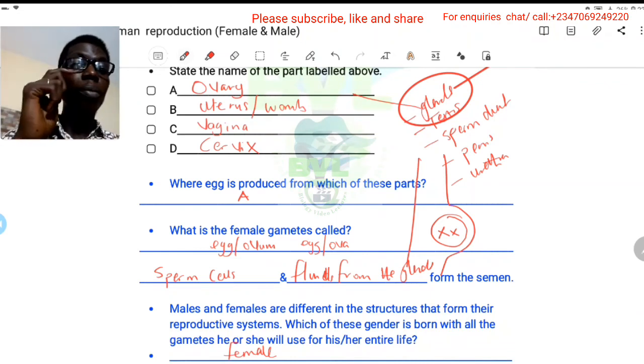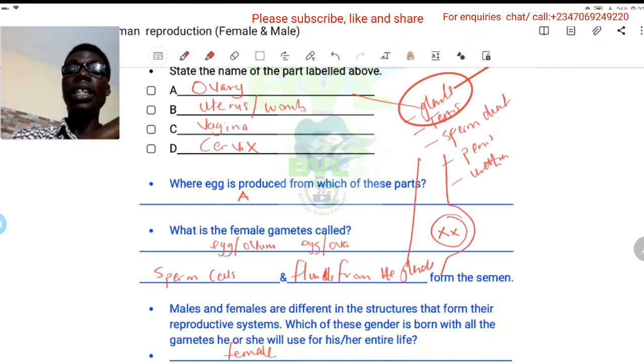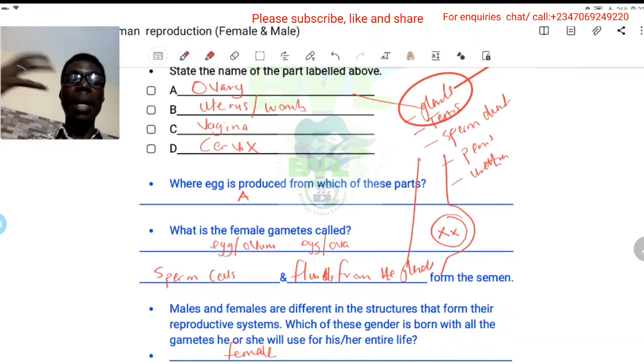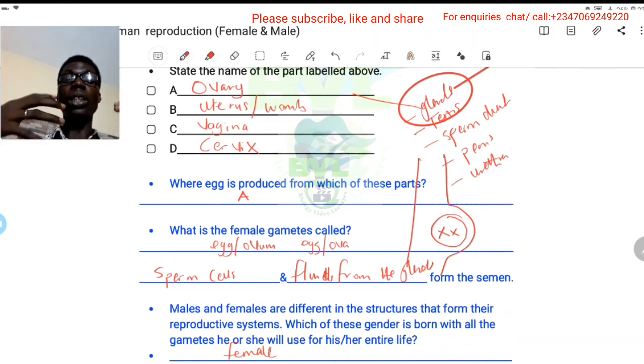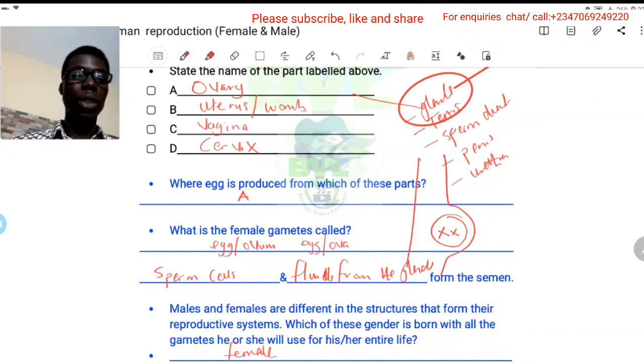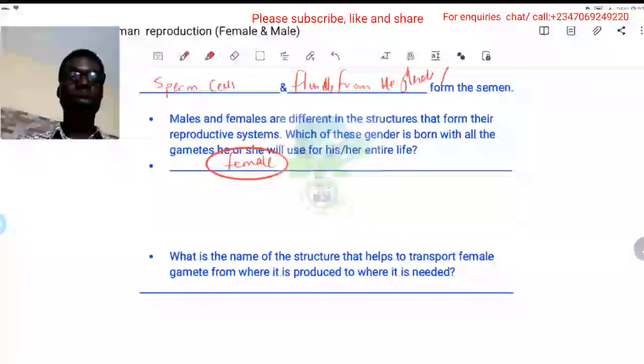But the male is never born with any gametes. It starts producing the gametes during puberty, during adolescence, so to say. All right, so the answer to this question is female, because they are the ones that have all the eggs they need inside of them from birth.